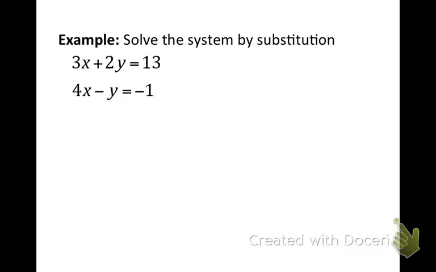You could subtract the 4x and divide out the -1. But can you envision this in your brains? If I move my y over here, does it make it become positive? So then I can just move the 1 over, right? So I get 4x plus 1 when I move it over. Moving the y over makes it become a positive on the other side. So now I'm going to plug in 4x plus 1 in place of y in the first equation.